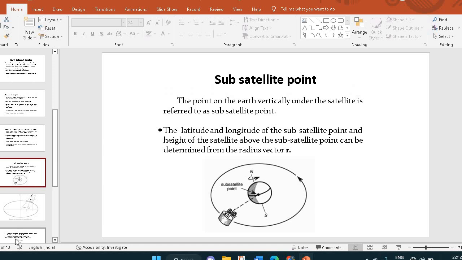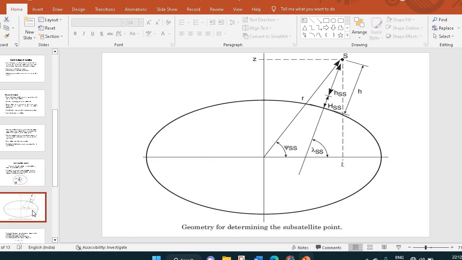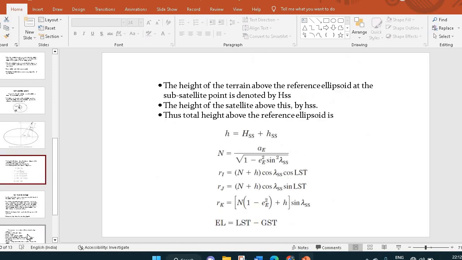Then we'll see what is subsatellite point. The point on the Earth vertically under the satellite is referred to as subsatellite point. The latitude and longitude of the subsatellite point and height of the satellite above the subsatellite point can be determined from the radius vector r. This is the geometry for determining the subsatellite point.